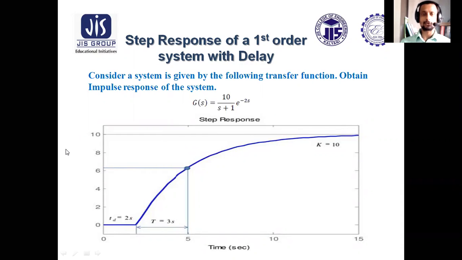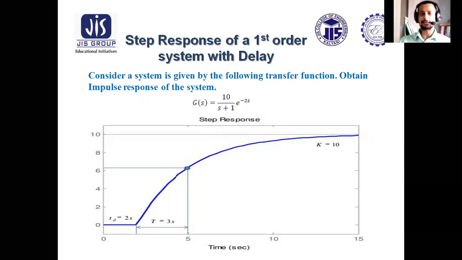So what we discussed today, let me summarize. First, we discussed the impulse response of a first order system, that means how a first order system behaves due to application of a unit impulse input. Then we discussed the step response of a first order system and the ramp response of a first order system, that means how the system behaves due to application of a ramp input.